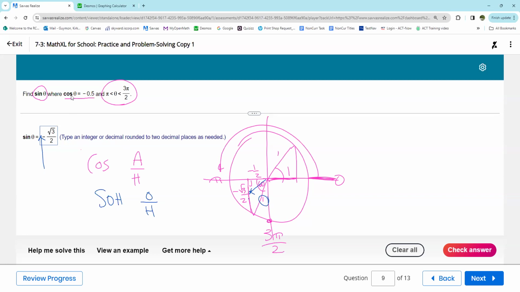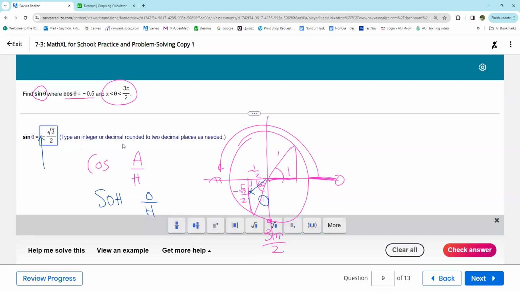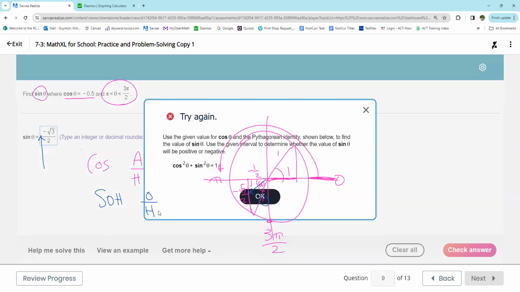The cosine is adjacent, so it's the x, and it's a negative half. My sine is the y side, that long leg. The only thing I can think is maybe it doesn't like that negative out in front. Let's scoot it up there on the top.